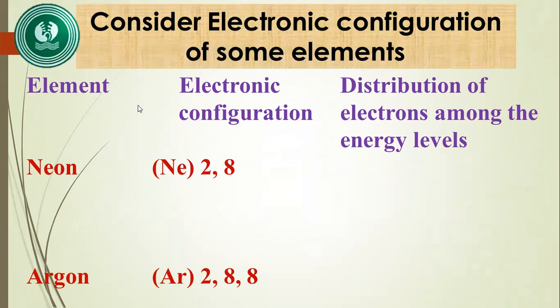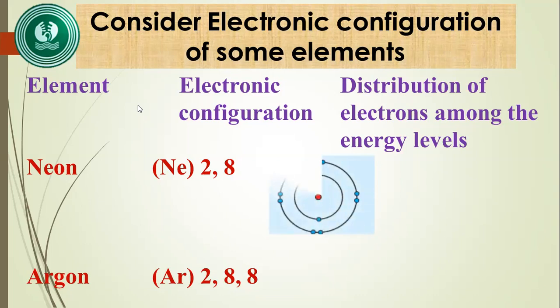Here neon and argon are shown. The atomic number of neon is 10 and of argon is 18. So the electronic configuration of neon is 2,8 and of argon is 2,8,8. We will see how the electrons are distributed among the energy levels.